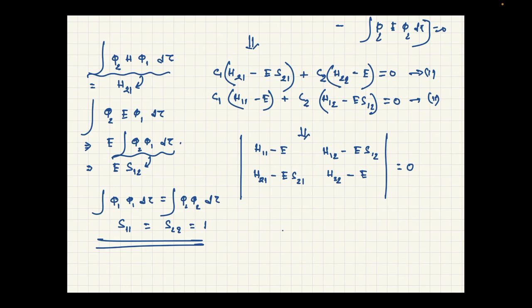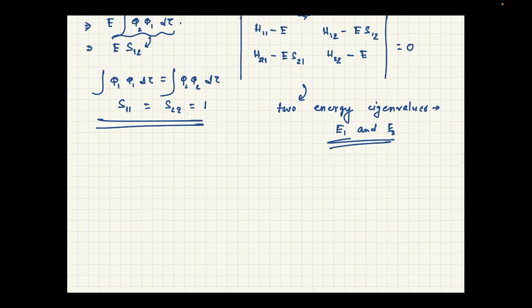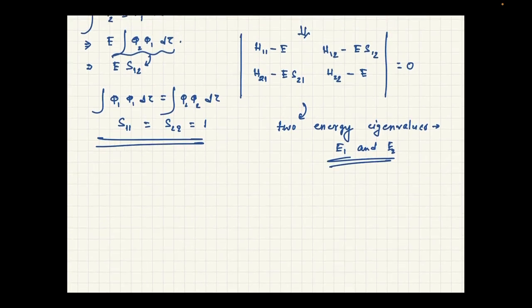So by solving this, you will get two energy eigenvalues, E1 and E2. Here I am using the simplest example, two atomic orbitals which combine to give two molecular orbitals. That's why the dimension of the secular determinant is 2 cross 2, right?